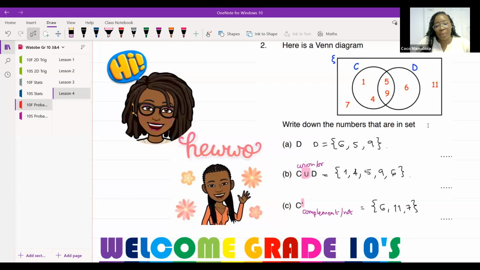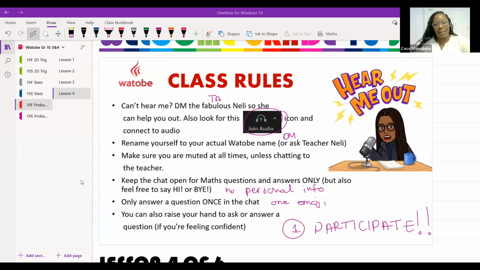There is an example with 3 circles that we can do if we have the time. I do need to get through something a little bit more important, and that's the addition rule and the multiplication rule today. If we do have the time to go to 3 circle Venn diagrams, I do have one, and we will get into it.